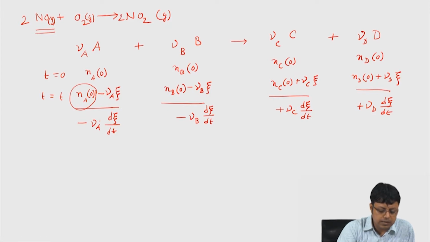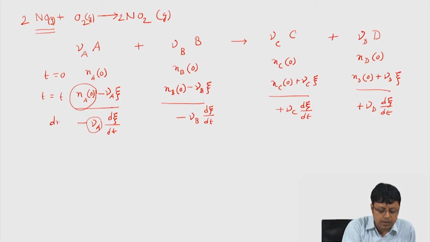Now, usually this xi is how much the reaction has changed, or how much the reaction has proceeded. So, that is basically the change in the reaction.